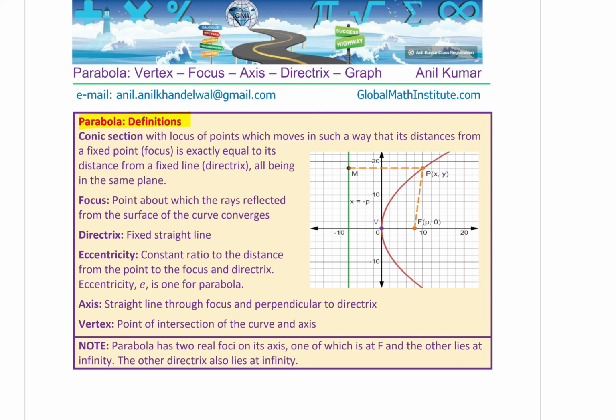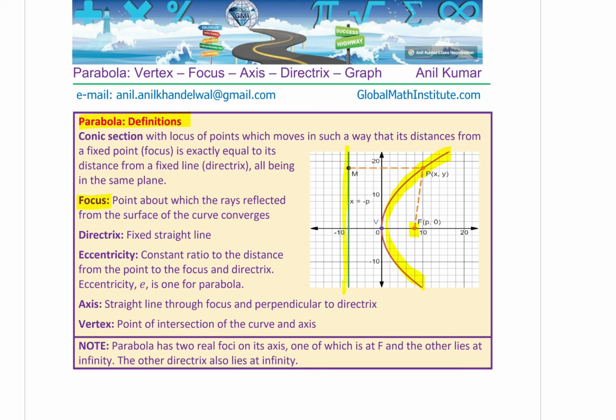As shown here, the point P on the parabola is at the same distance from a fixed point F, the focus, and the line, which is the directrix. Now, if the parabola opens sideways, in that case, the line will be vertical as shown here. As you know, a parabola can also open up or down. So we have four standard equations for the parabola, depending on its direction of opening.